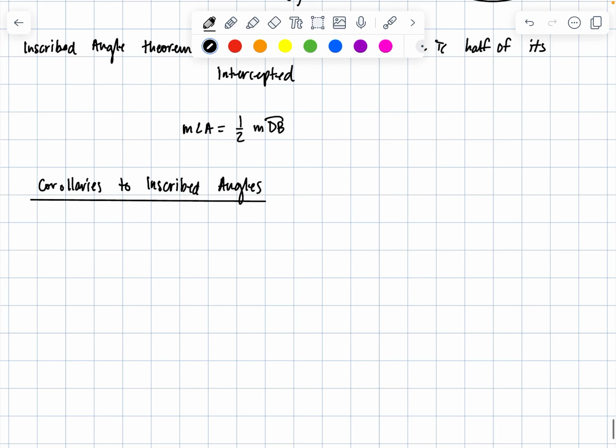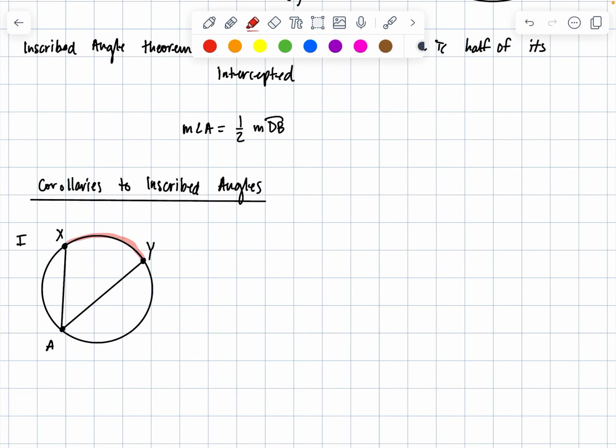We have, first case, we're going to need to draw a circle. You're going to draw these smaller. And here's the kicker. What happens if I draw an inscribed angle here? Well, we know for sure whatever angle this is, let's call this X, Y, and then A, whatever arc measure this is, XY is in red.